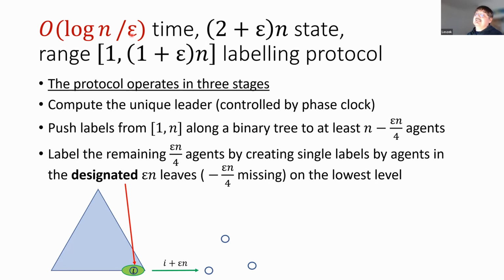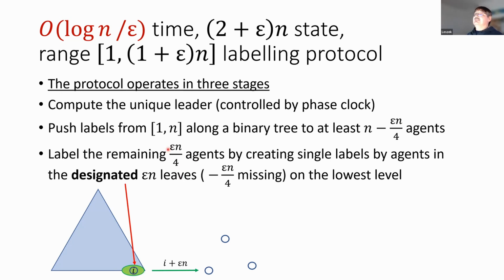So if epsilon is a constant, you can still get this logarithmic parallel time. In particular, in the third stage, you are left not with n over 4 agents which have no labels, but epsilon times n divided by 4. Thanks to this, we can use only those agents with the largest labels computed during the second stage of labeling. This time, there will be some missing from there, so I take a group of size epsilon times n here.